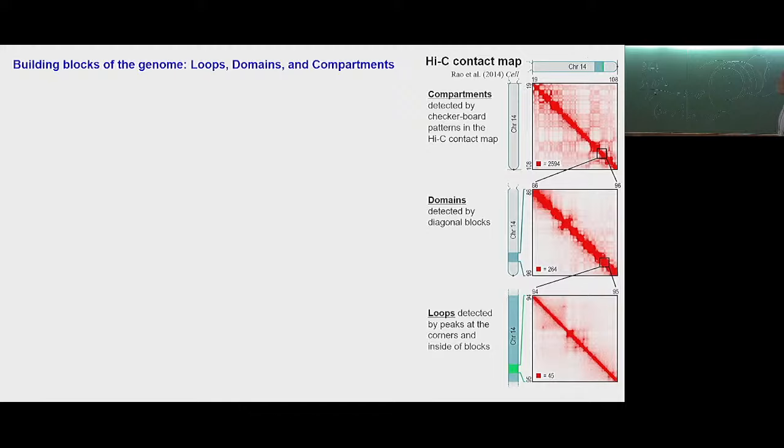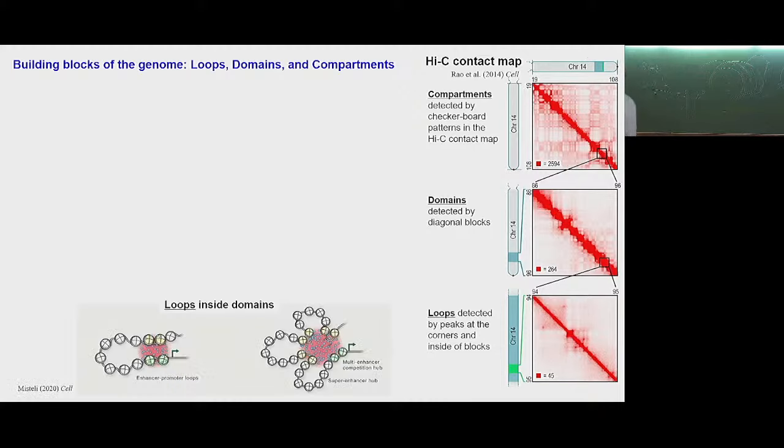And by further enlarging this part, we have this typical pattern. We see dots at the corner and stripes inside the block. This is one domain, one TAD. Inside the TAD, we have stripes and peaks.